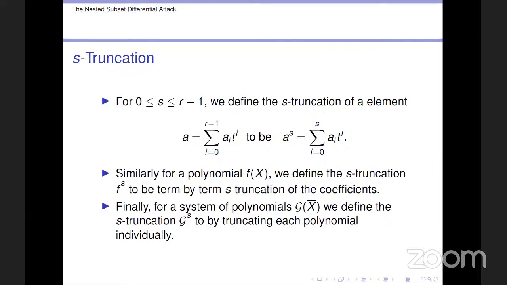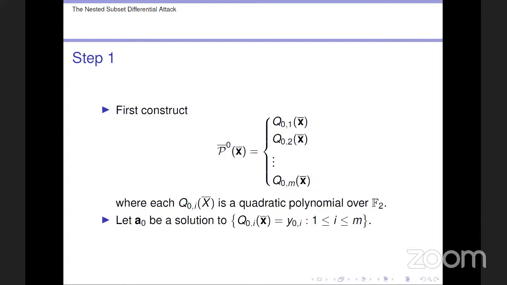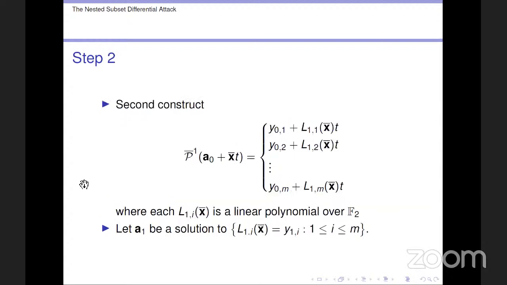And it's similarly defined for polynomials and systems of polynomials. So step 1 of our attack is to look at that 0 truncation of p. And that is just going to be, by definition, the original quadratic polynomials, except now we're only considering them over f2. And we just find the solution to the system over f2.